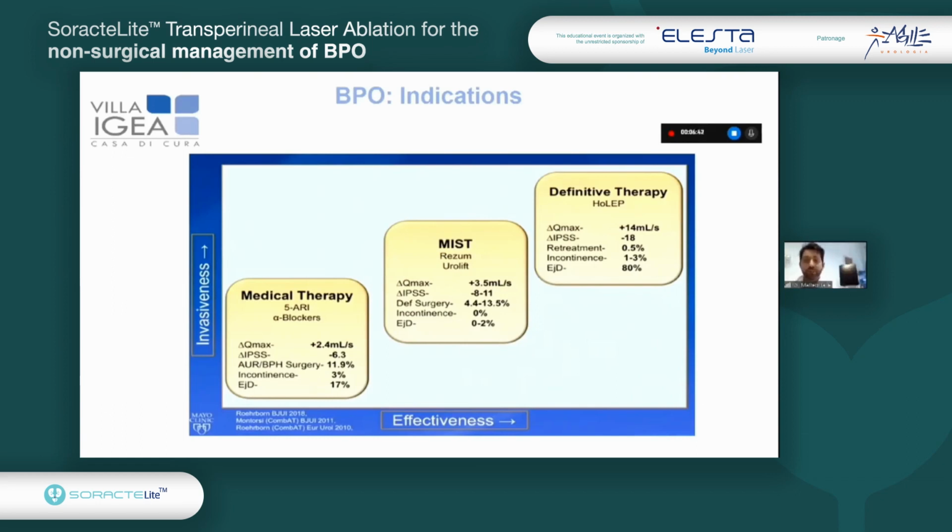So it's really in between. But ejaculation is spared in 98% of the cases, whereas with HoLEP you lose ejaculation in 80% of the cases. So you can maximize the good effect of medication with less invasiveness. As the effectiveness grows, so does the invasiveness.